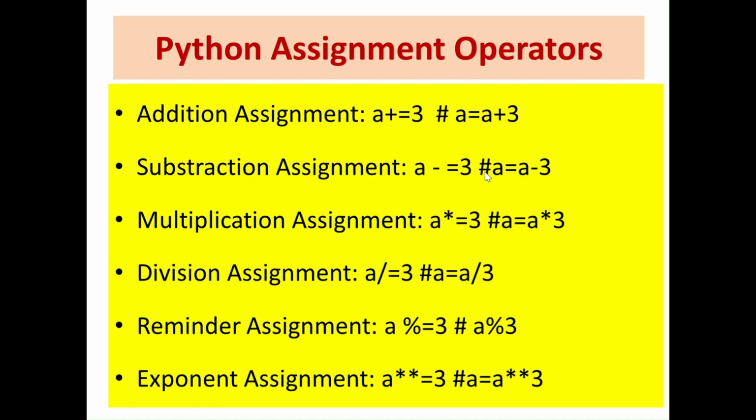In the exponent operator, a power is equal to 3. That means the new a will be equal to a to the power 3. Like that, the assignment operator will take the new value of a when it is written. Let us see the Python code for this properly.